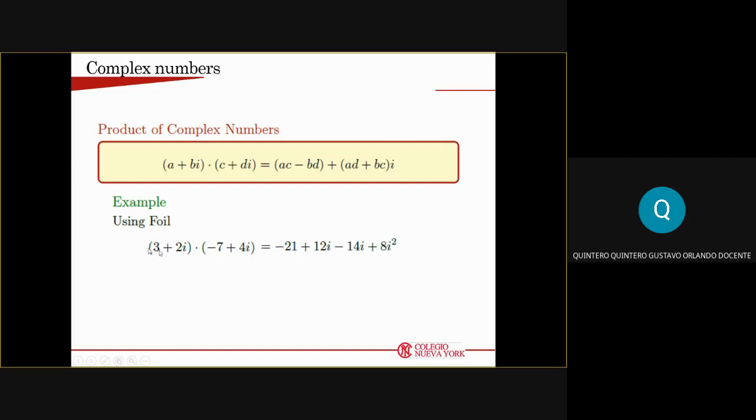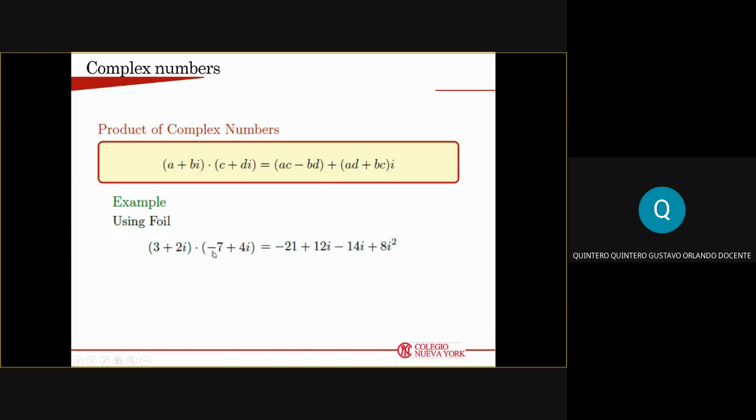This multiplication is done just like you would do with regular numbers. If this was an x, you have 3 times 4x. That is 12x. Exactly the same. So we have 3 times 4i, which will be 12i. We are done with outer. So now let's go with inners.